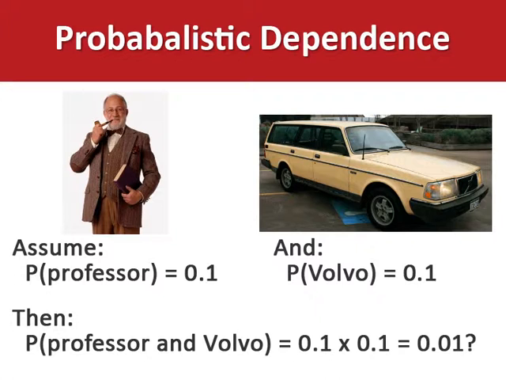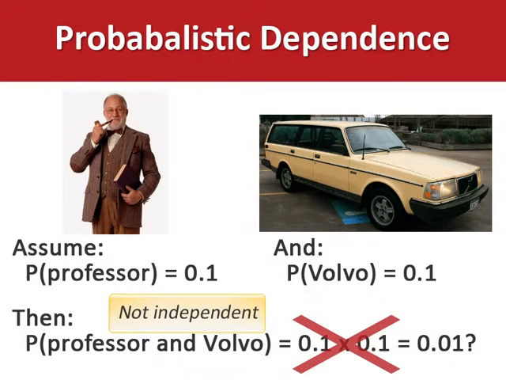But if it turns out that professors, for whatever reason, tend to like Volvos, then those two things are not independent. And if they're not independent, then we can't simply multiply the two probabilities. In fact, if they're not independent, we have no idea what the joint probability of being a professor and owning a Volvo is.